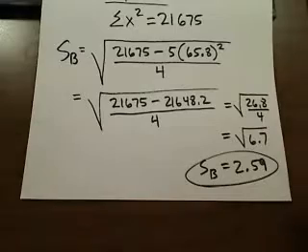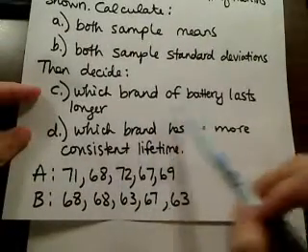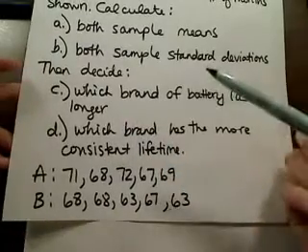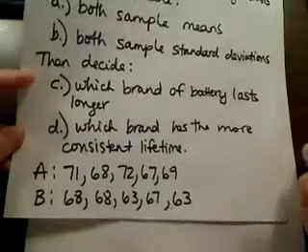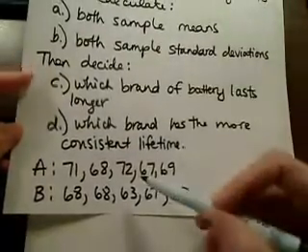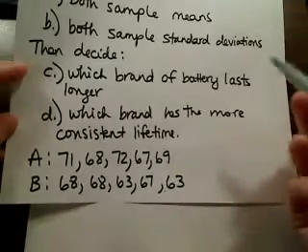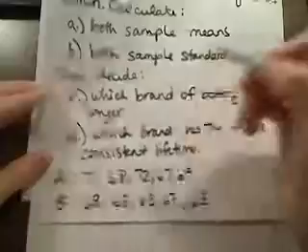Then in part C, they ask us which brand of battery lasts longer. So we want to know which brand of battery lasts longer. So whichever one has the larger mean is going to be the battery that's going to last longer. And that should make sense because these are measuring how long these last. So the larger mean is going to be the one that's generally lasting longer. So that here is A, I believe.